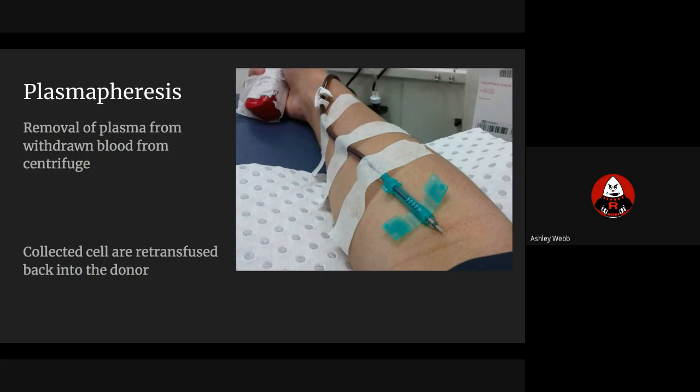So if we're going to donate plasma, which I think I talked about at one point, you can make a little bit of money by donating plasma. My husband has more experience with it than I do. He donated plasma for a while in college. They draw your blood, put it into the centrifuge, separate the plasma up, and remove the plasma out. That's the donation you give, and then they give you your cells back.